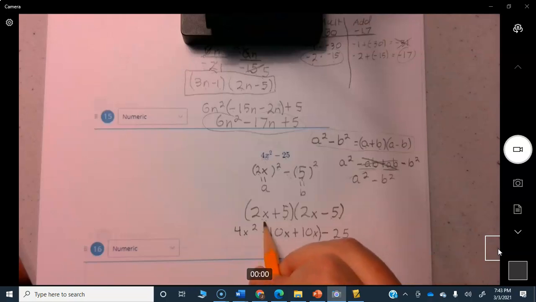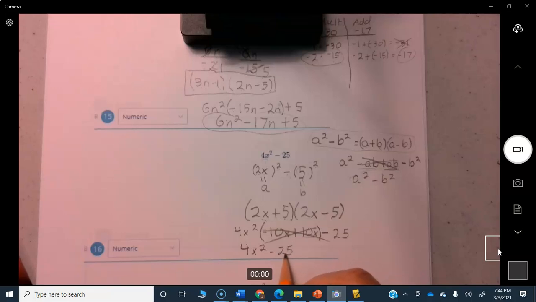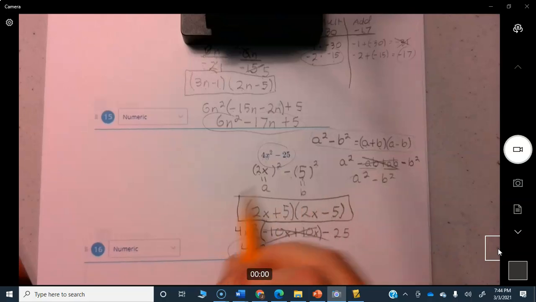So these two group together. You have a plus 10x, a minus 10x, so they cancel each other out. So you end up with 4x squared minus 25. And that's your original equation up there, okay? But this is your answer. This is the factored form of that. Okay, that's how you do difference of squares.